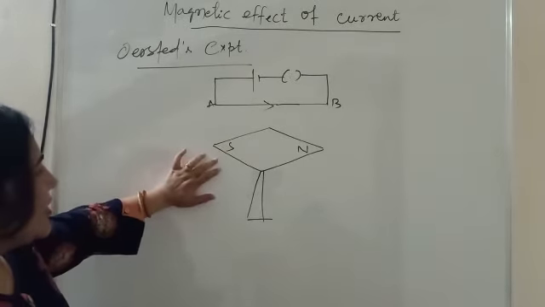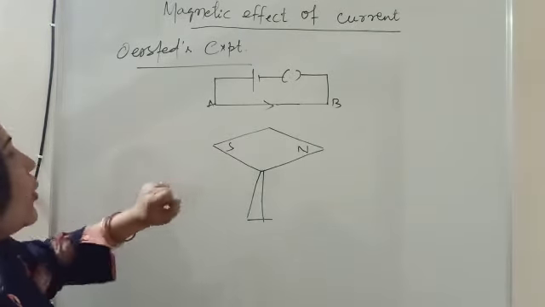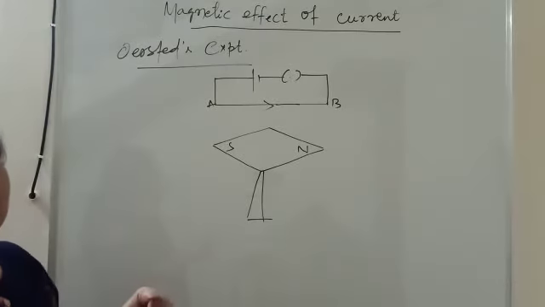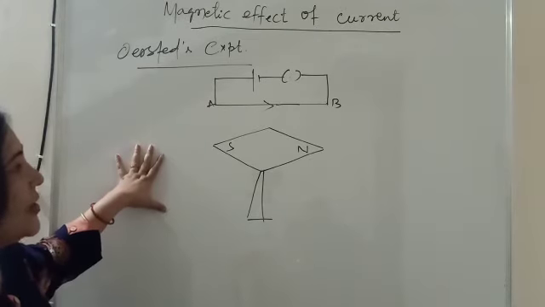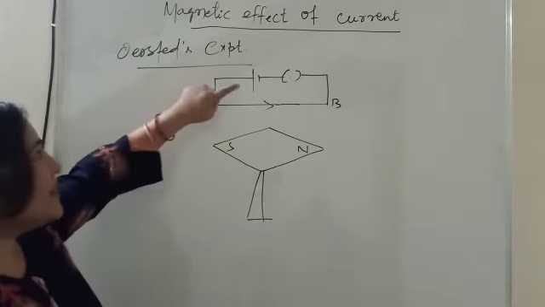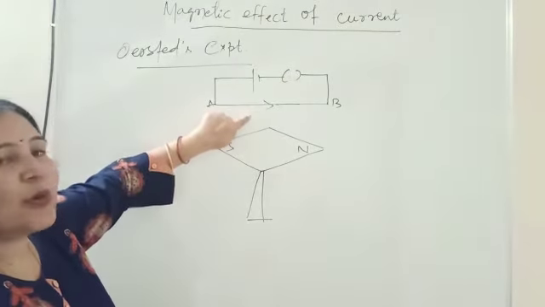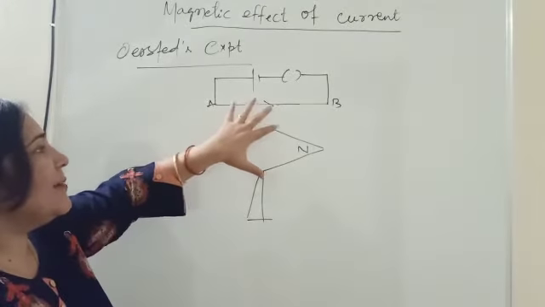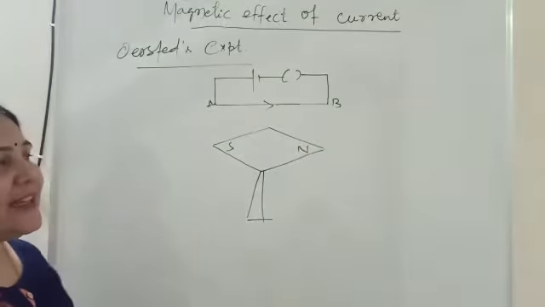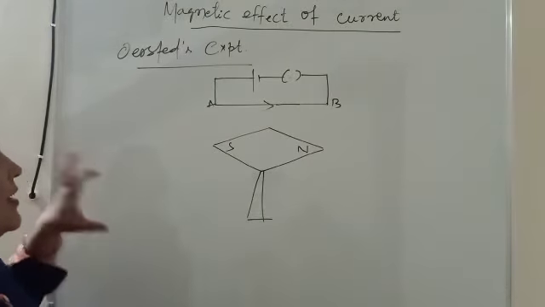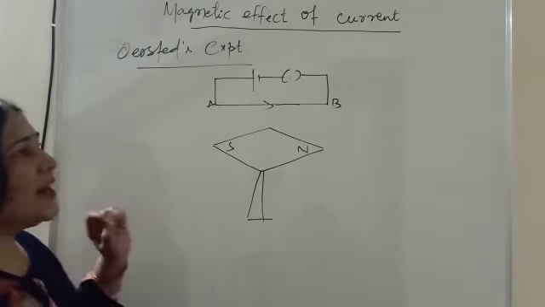The magnetic needle, being a magnet, can only be deflected if it is under a magnetic field, and there are no other magnetic fields here. The only observation is that once the current is flowing, this deflection is produced. That indicates that when current flows through the conductor AB, a magnetic field must be produced, due to which the north pole of the needle gets deflected. So Oersted's experiment tells us that this is the magnetic effect of current.